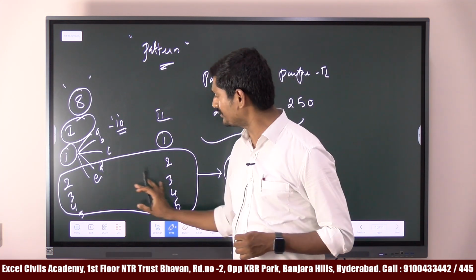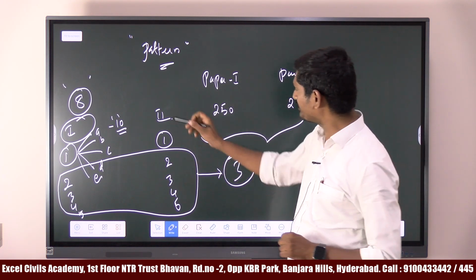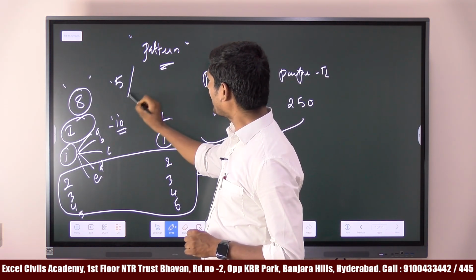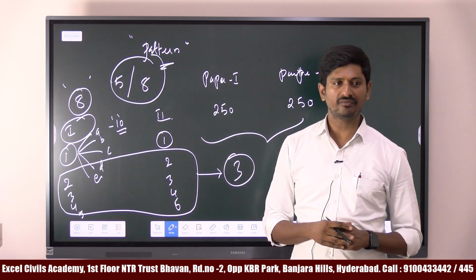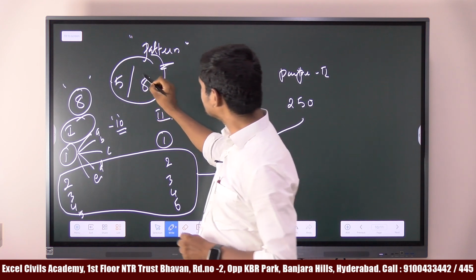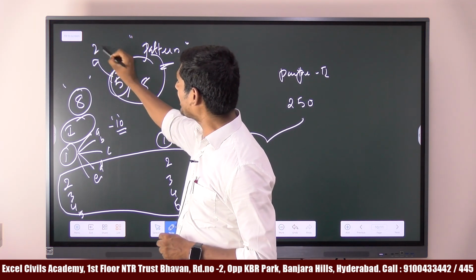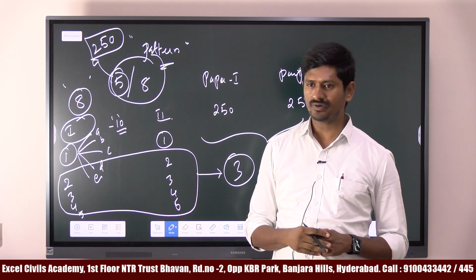But from every section you need to answer at least 2 questions. So how many questions do you need to answer? 5 out of 8 questions. These 5 questions carry 250 marks. Did you understand?